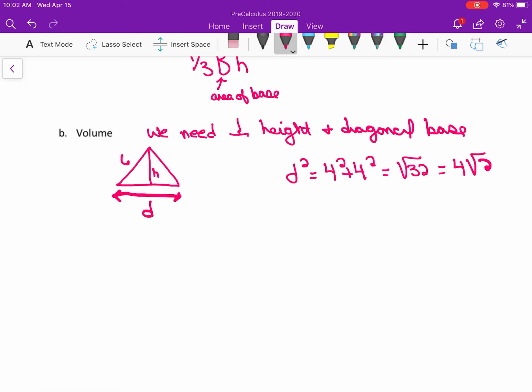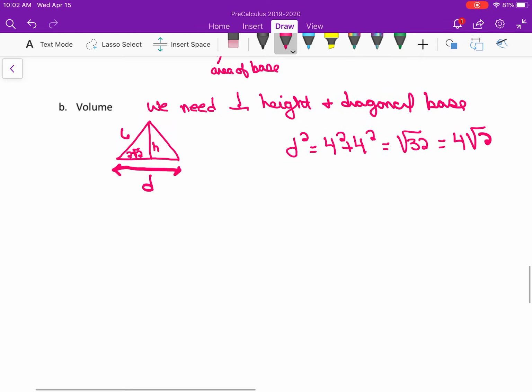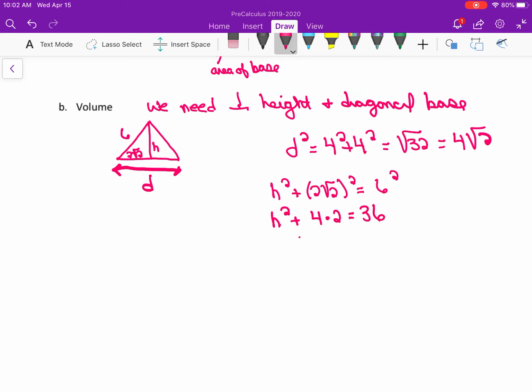So that means that each piece of this right here is 2 root 2, and then we're able to find the height from that using Pythagorean theorem again. So we would have h squared plus 2 root 2 squared equals 6 squared. All right, so h squared plus 2 squared is 4, root 2 squared is 2.